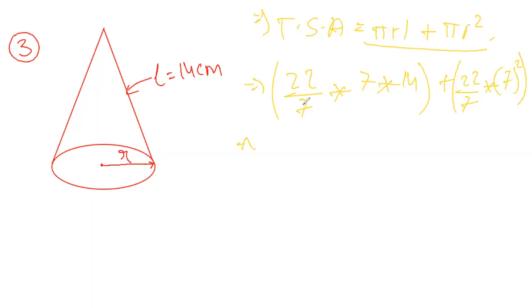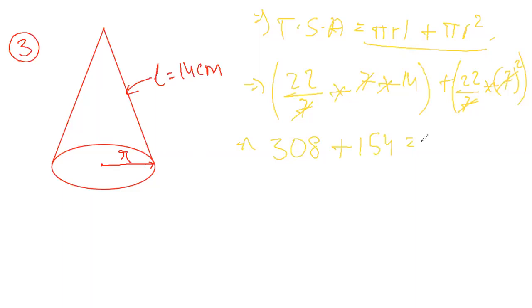Now we'll begin the calculation. Always try to do the simple calculation first. So 22 into 14 is 308. Please do that on your calculators, or you can do it already. Then we can write 7 whole square, 7 into 7. So 7 sevens are 49, and there's one more 7 left. So 22 into 7 is exactly 154.